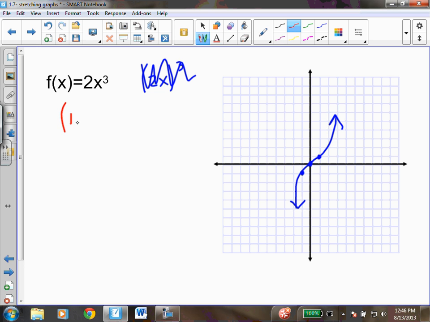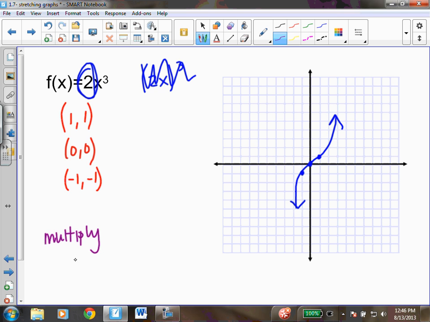Whenever I have a vertical stretch, I find it helpful to write out my important points. I do this because I'm involved in a process where I have to multiply. Since this is a vertical stretch, every single y value is going to get multiplied by 2. So the point (1, 1) is now the point (1, 2).